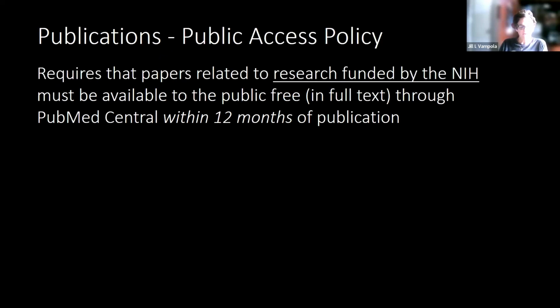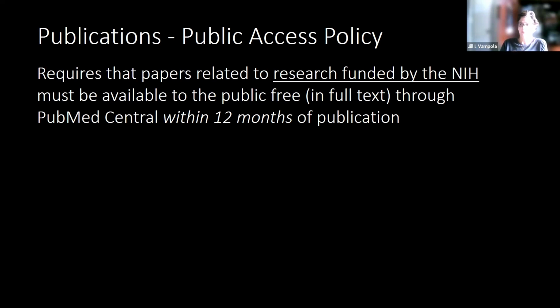So the one thing you have to learn, and there's some history and some historical stuff here that I want to talk about because you really need to understand the big picture of publications, and that NIH has a public access policy. So it requires that any publications that we were funded from research dollars, basically from the NIH, must be available to the public for free within 12 months in PubMed Central.